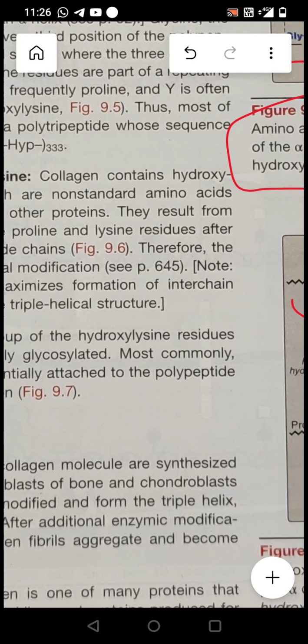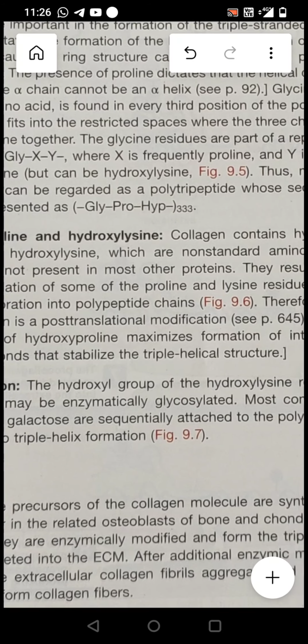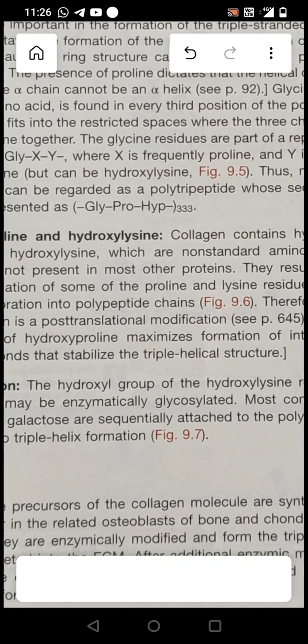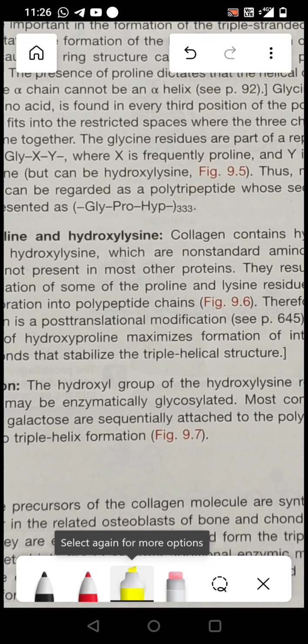Look at this: glycine, proline, hydroxyproline. This is the commonest chain. Got it? Simple. Of course, you can have others, like hydroxylysine, which are also present.